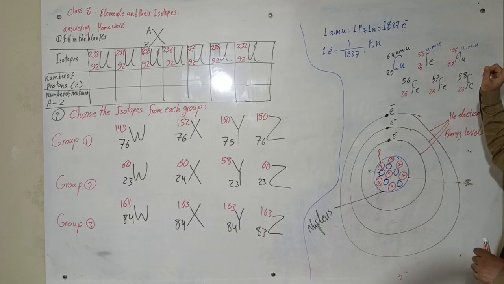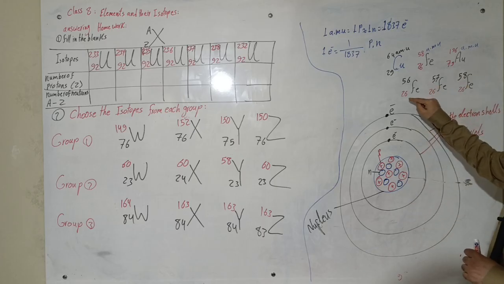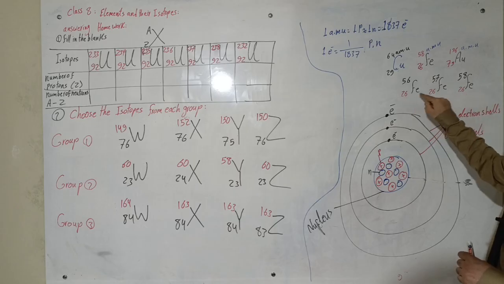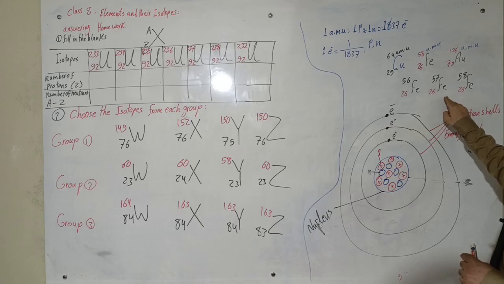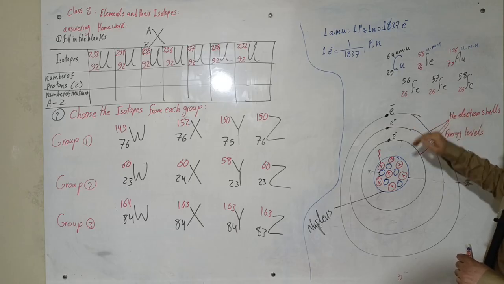Again, we said that every element is different from the other elements in terms of its number of protons inside the nuclei, which means the atomic number.